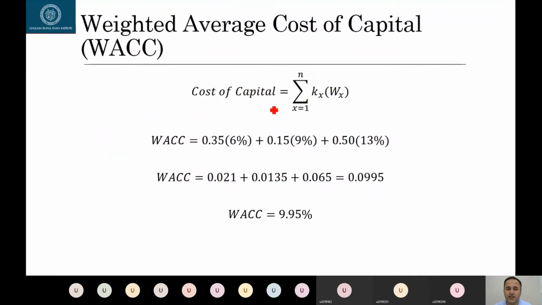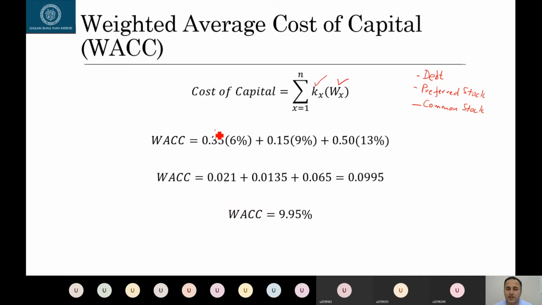And how do we calculate it? It's super simple. You multiply each individual component by its weight.